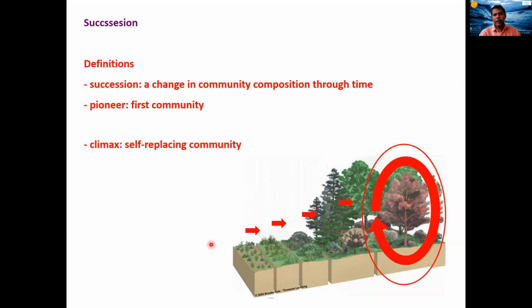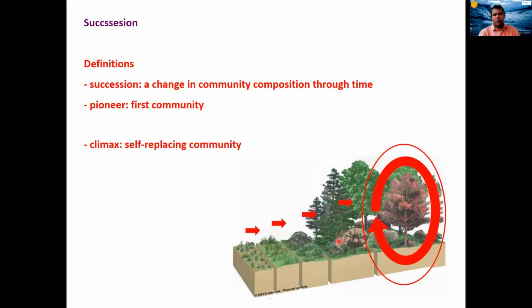From the pioneer community, through different processes and changes over time, it will end up like this. It's called the climax community. If I remember, you might have learned this for your advanced level. So the climax community is where you get this.